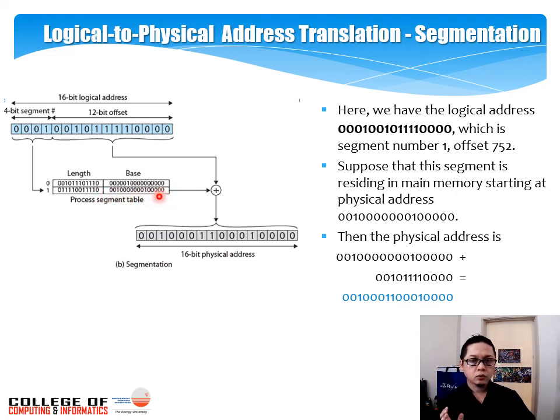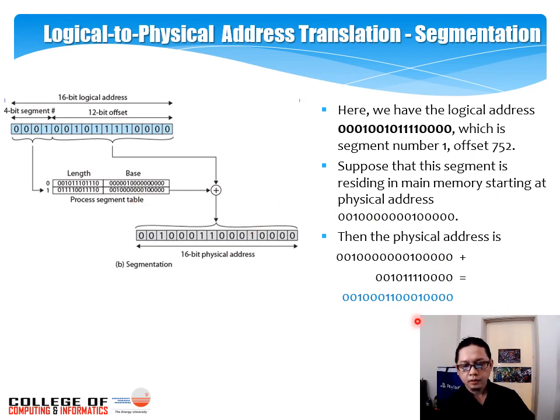After that, remember the 12-bit offset that you kept earlier. You take this value and add it to the base value referred to here. So you add the balance of 12-bit offset to the number that you find here.